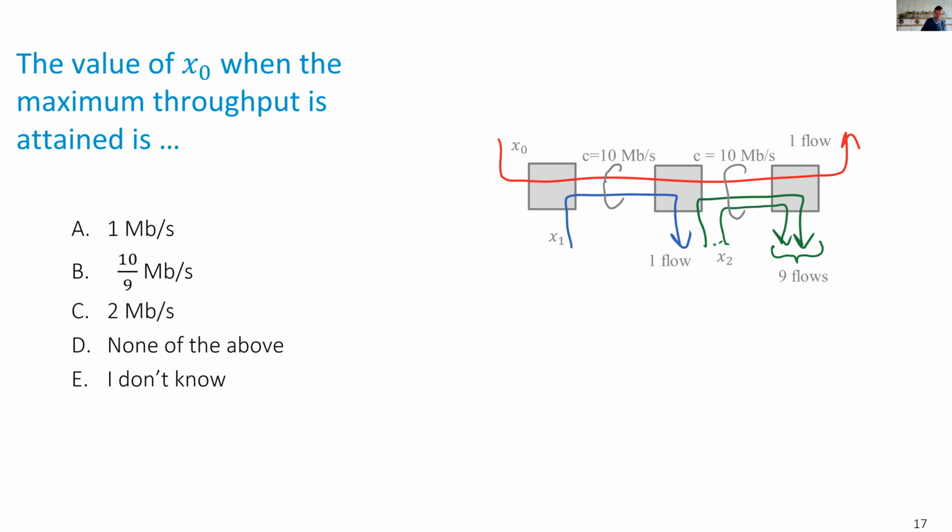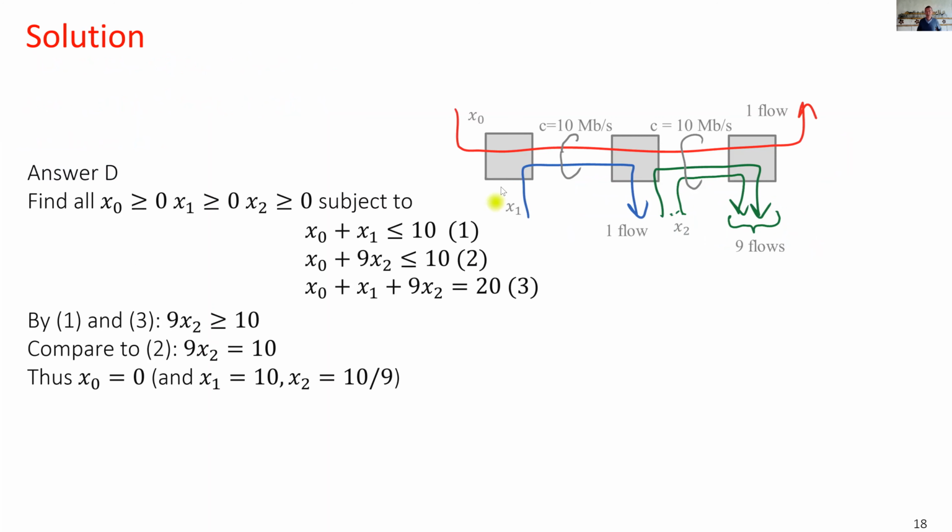I close the poll. And the majority says none of the proposed solutions, which is correct here. If we assume by some allocation we manage to get 20 in total, that means we have this constraint on the rate. And we want to find all values of x0, x1, x2 that satisfy this.